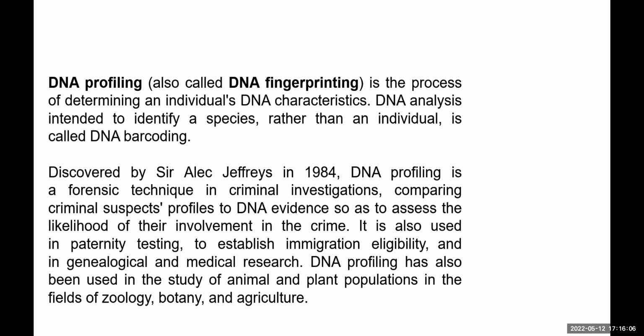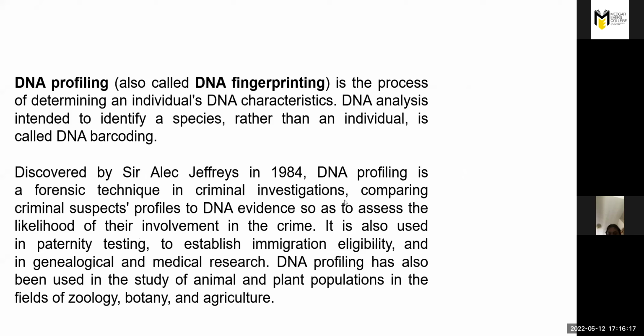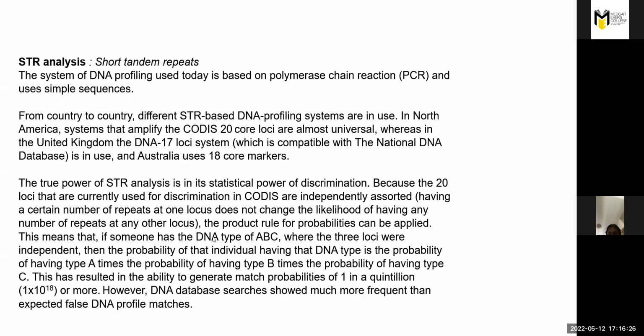Then DNA barcoding becomes important. This was discovered by Sir Alec Jeffreys in 1984. DNA profiling is a forensic technique in criminal investigation, comparing criminal suspects' profiles to DNA evidence so as to assess the likelihood of their involvement in the crime.